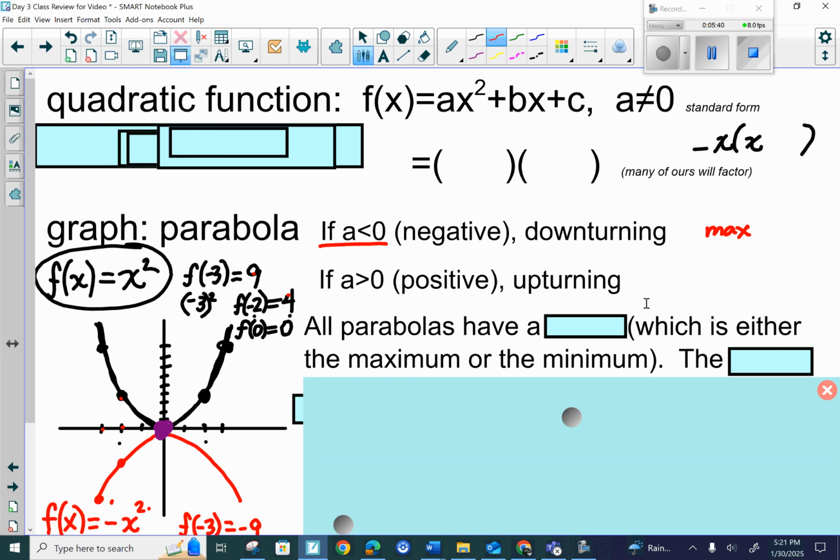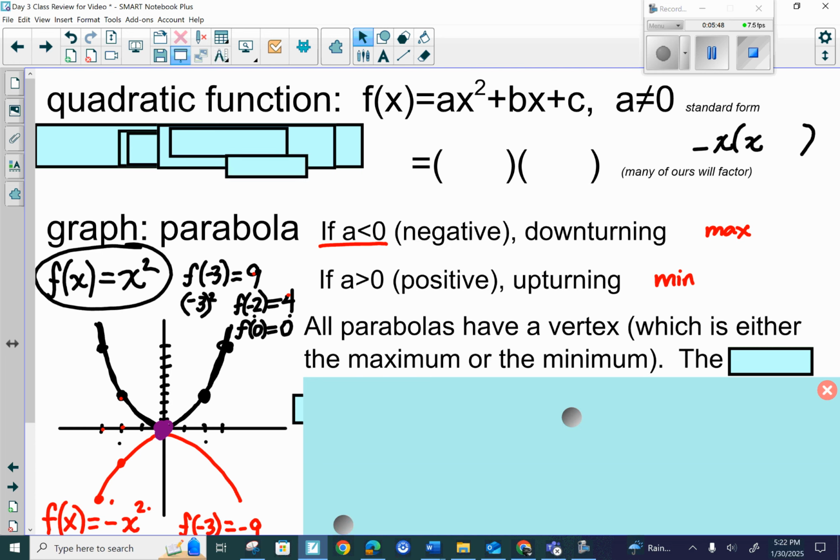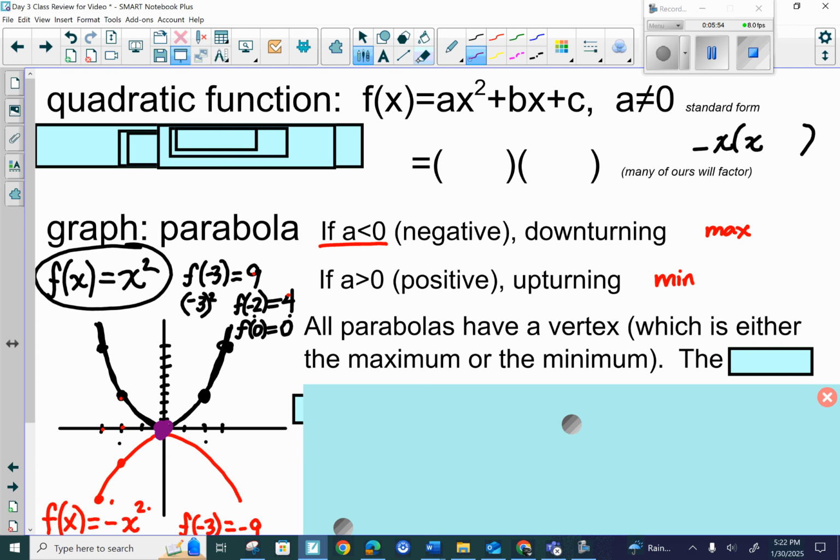That graph would have a maximum. And if it was upturning, that graph would have a minimum. Either way, these occur at the vertex. That's called the vertex right there. Just that point. Here, that vertex is 0, 0, but it changes depending on the function, of course.